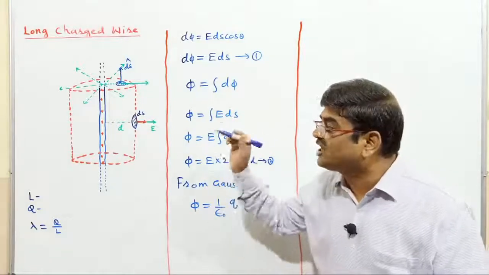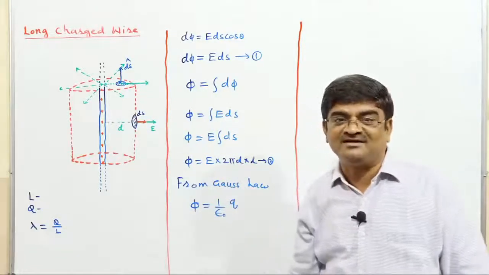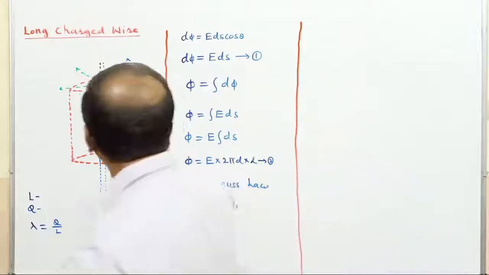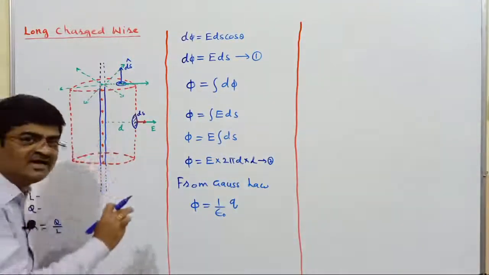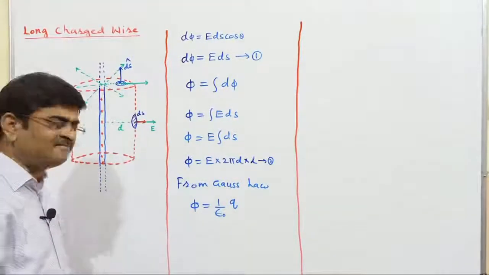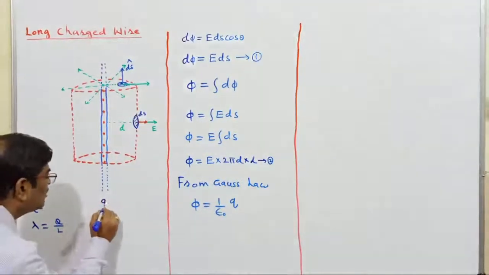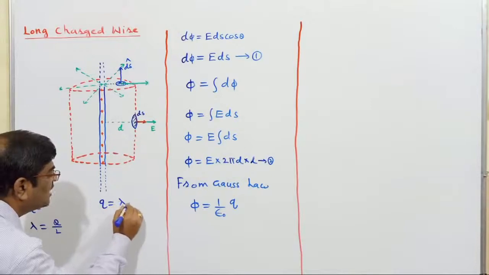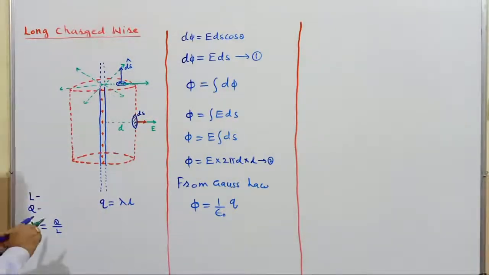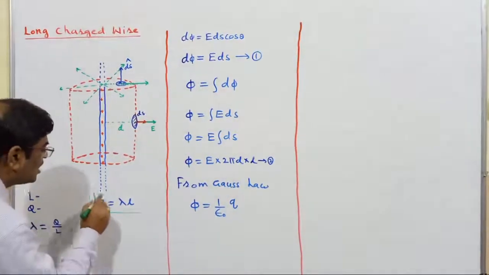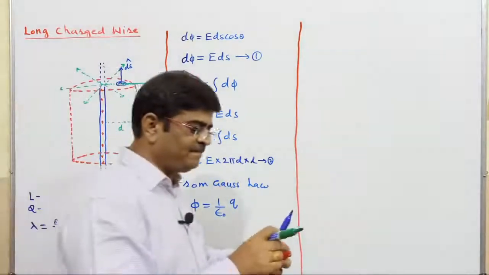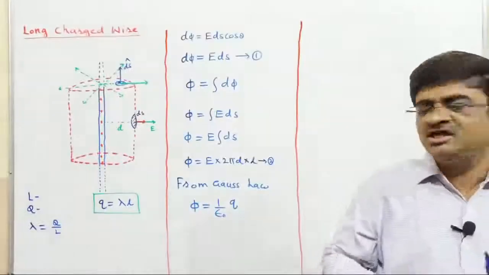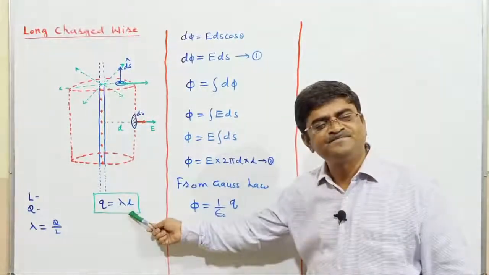I know how much is the charge over the unit length of that wire. Lambda. Then the charge enclosed over this length. How much length of the wire is inside? Equal to the length of the cylinder. So I can write that q equals lambda into L. This gives me the charge enclosed inside the cylinder, the charge enclosed in the Gaussian.